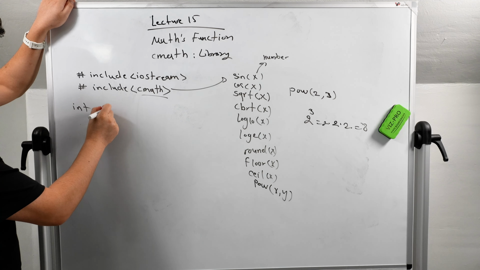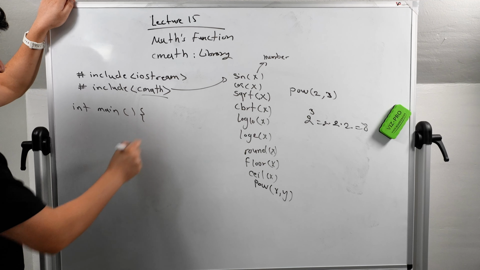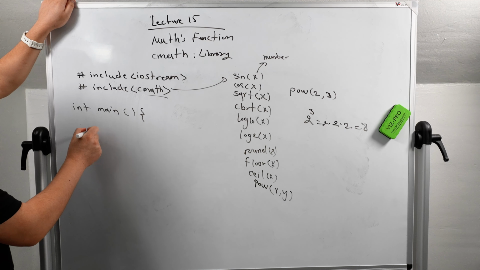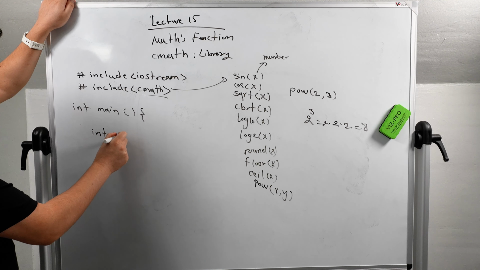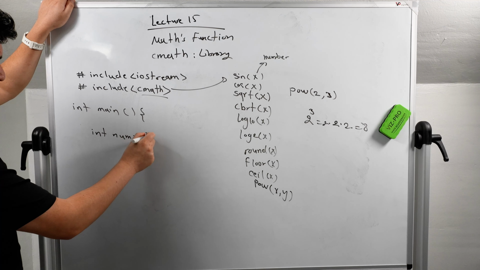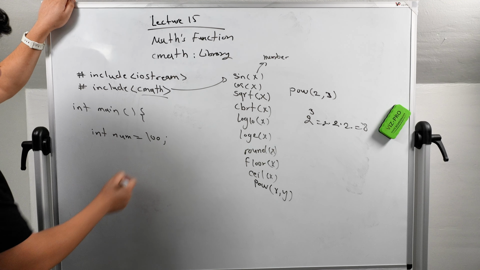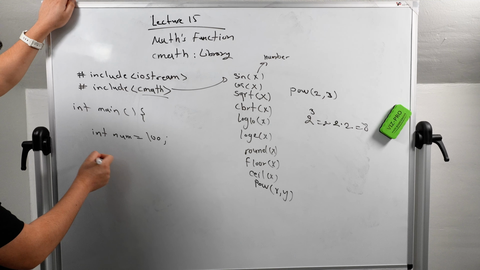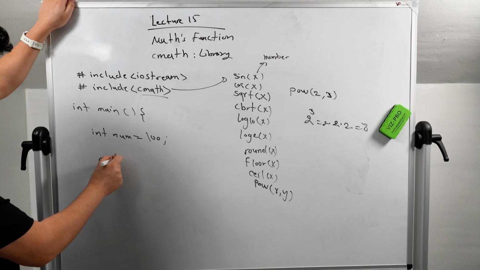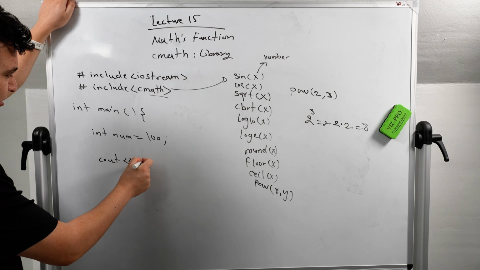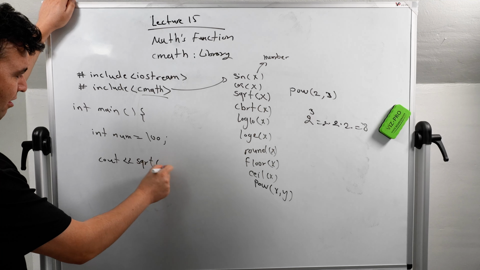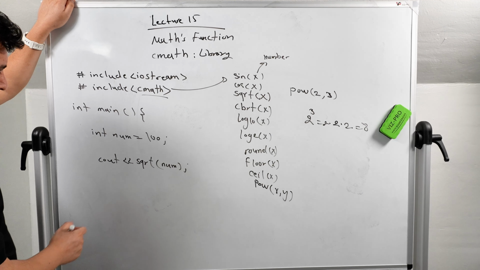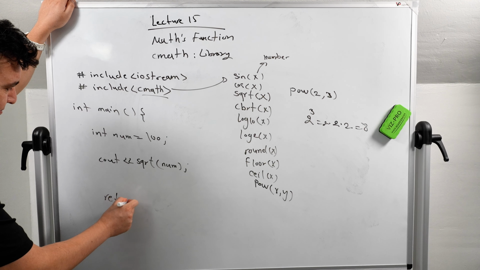For example, if I write int main, and I want to calculate the square root of a number, I can say here int num = 100. Now I cout the sqrt of num, and then return 0.